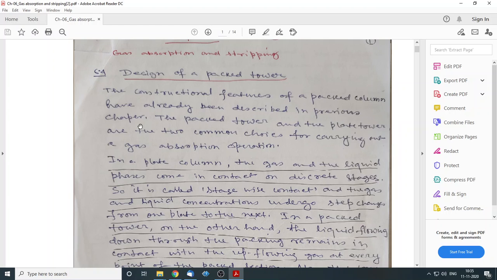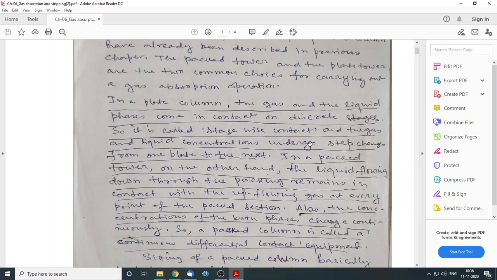The packed tower and the plate tower are the two column choices for carrying out the gas absorption operation.